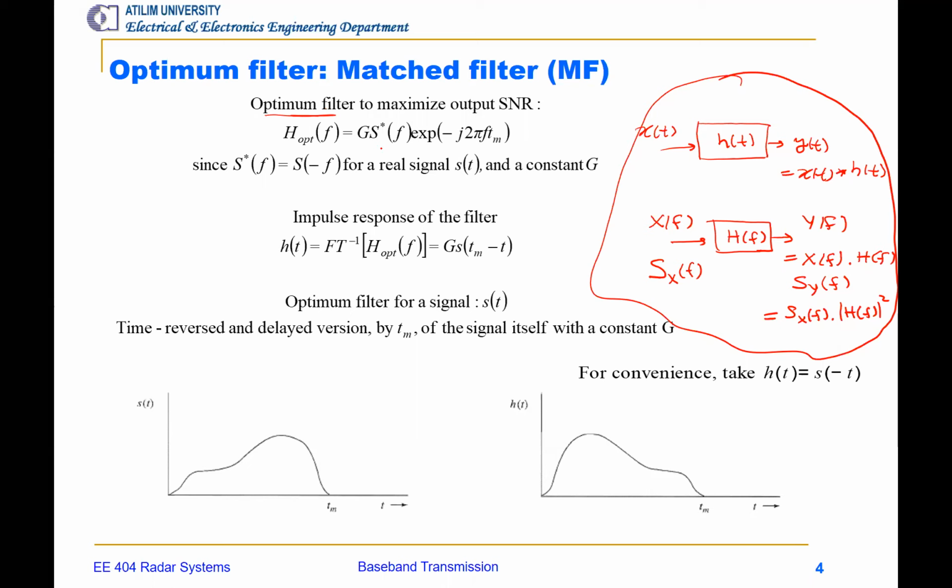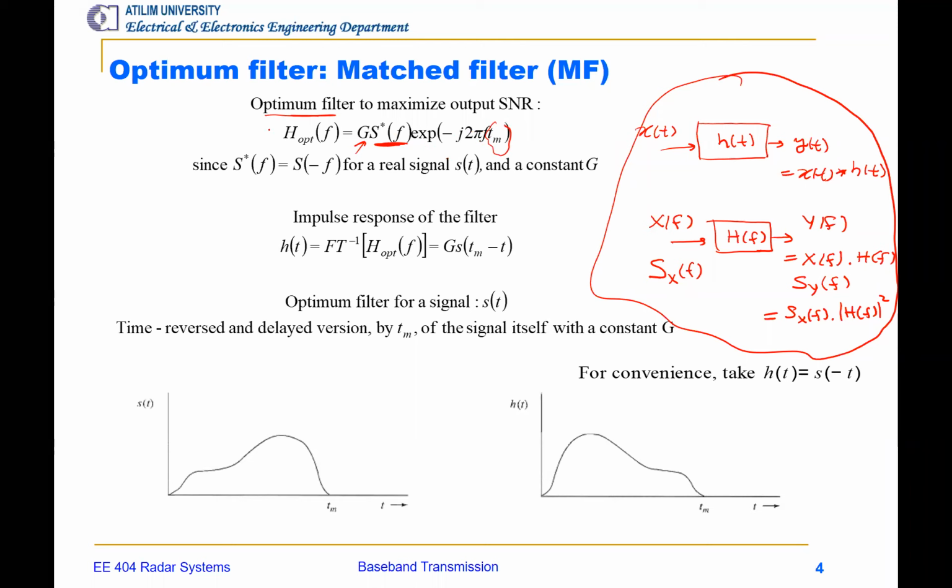So once we know the transmitted signal, then we can design a match filter for that transmitted signal. And you see that it has a constant G times the complex conjugate of the transmitted signal times an exponential function with the sampling time Tm.